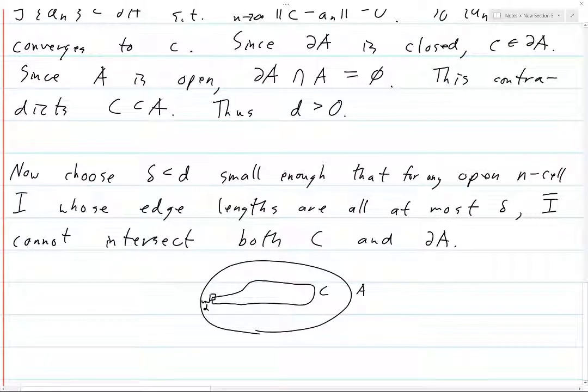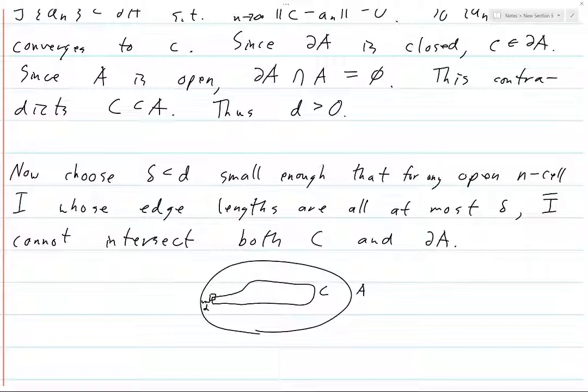If you want the mathematically largest possible delta to make this work, you would have to throw a square root of 2 in there relative to D. It doesn't really matter.